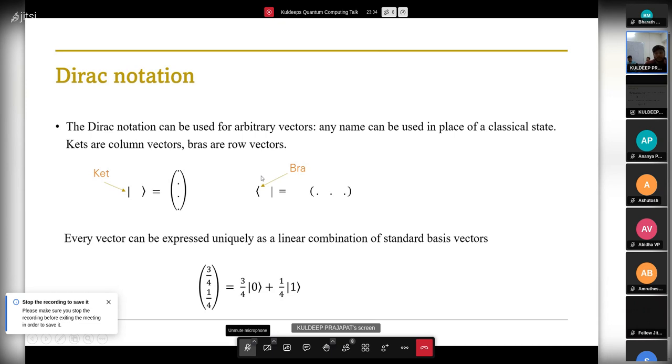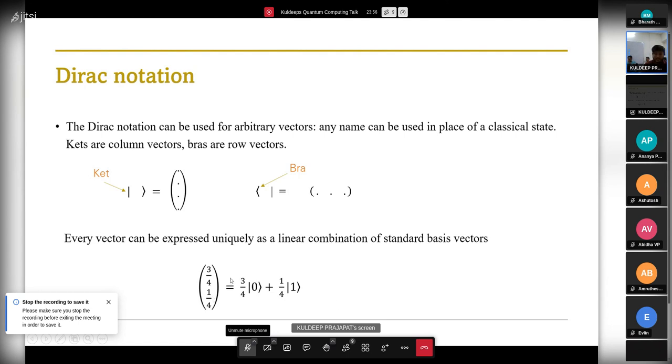Every vector can be expressed uniquely as a linear combination of standard basis vectors. In the bit case, you can see 0 and 1 is our standard basis, and we can write our column vector in the standard basis with the probabilities associated with them.